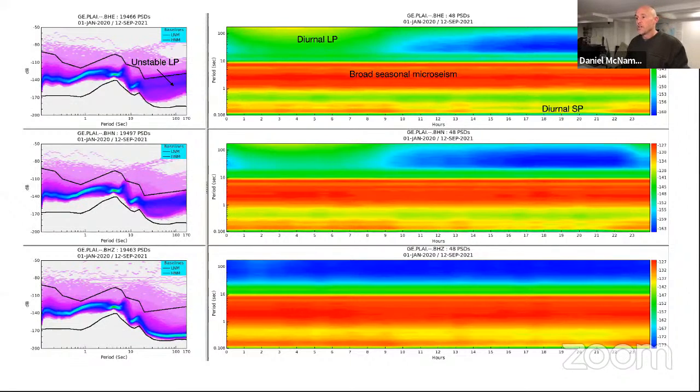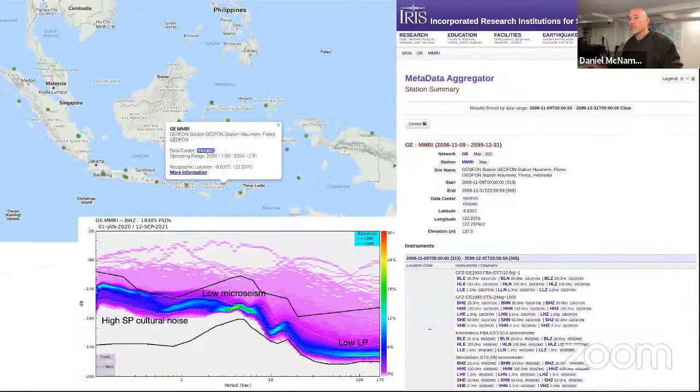Okay, moving on to station MMRI. This one has quite a bit higher noise at the short period. You can see it's getting up close to the high noise model in that PDF plot. So this station is probably located again closer to cultural noise sources like roads and buildings and machinery.